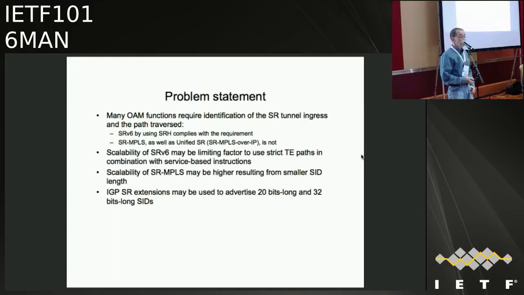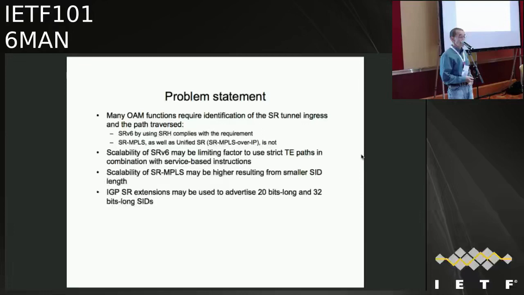Segment routing IPv6 does provide this with the use of the segment routing extension header, in compliance with the requirement. Segment routing in the MPLS data plane, as well as unified SR, which effectively is SR MPLS over UDP, does not.